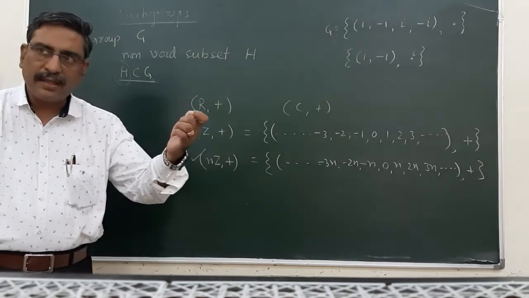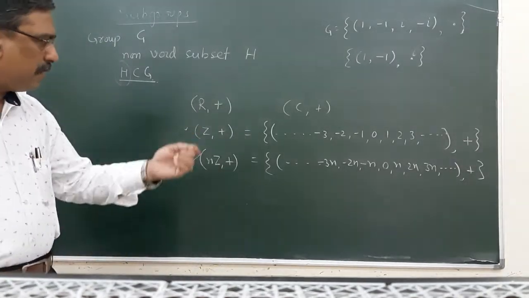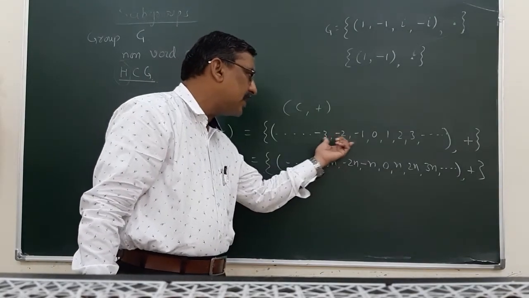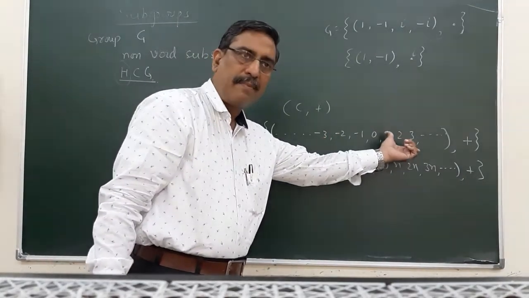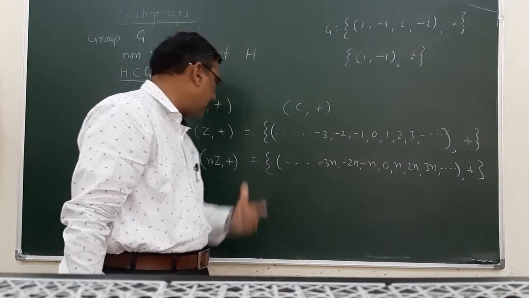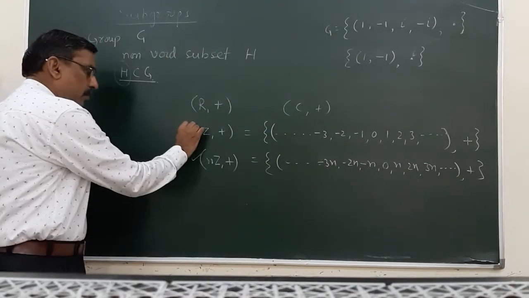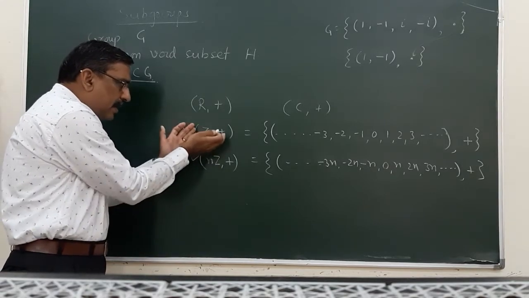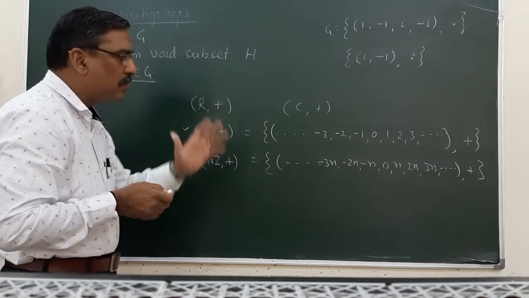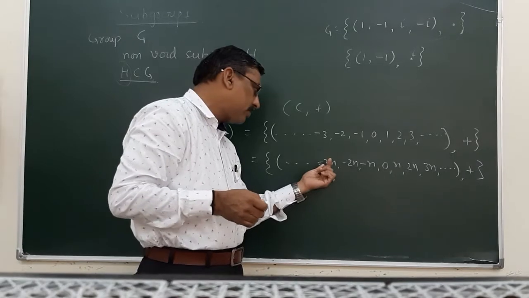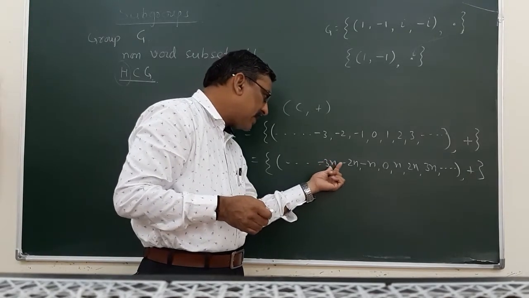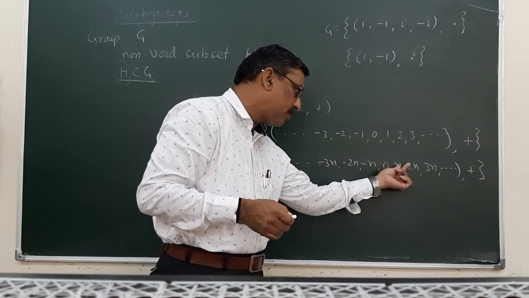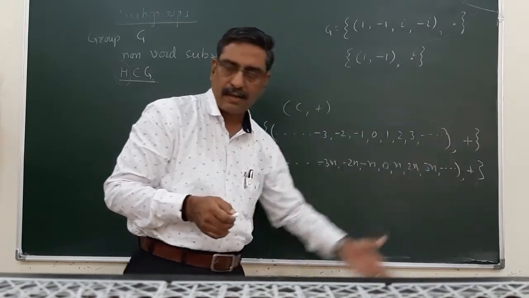If we take a fixed value of n, say n is equal to 1, then this will be the same group Z. For n is equal to 2, what happens? We get minus 6, minus 4, minus 2, 0, 2, 4, 6, and so on.